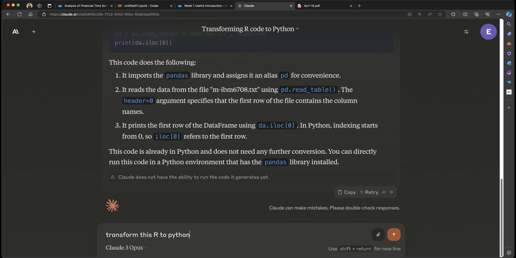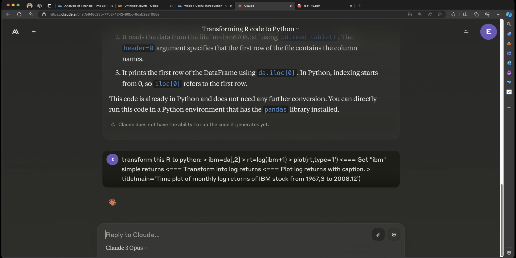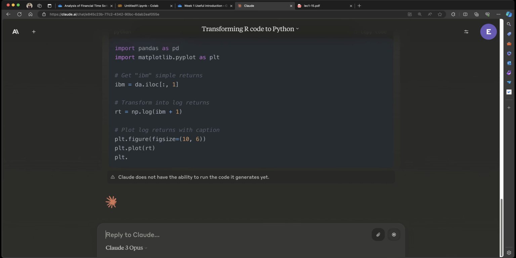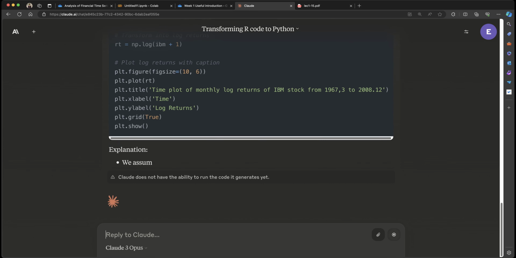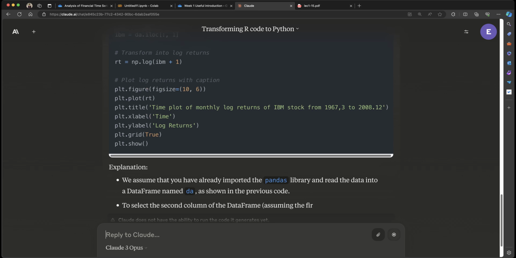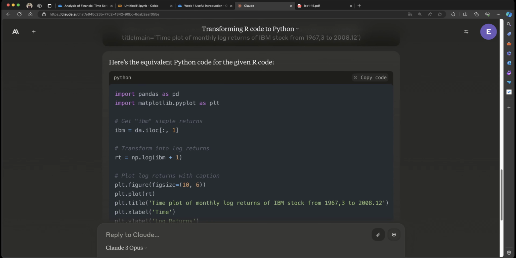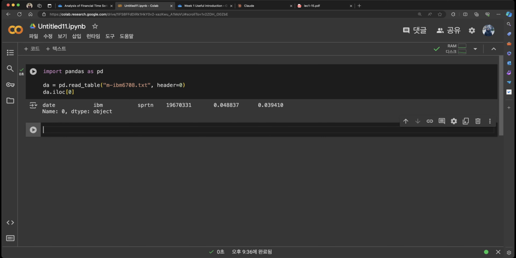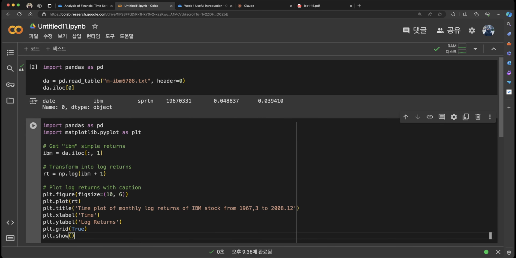Let me do it again. Now it works. So we can copy the code, then go here, code again, and then paste.